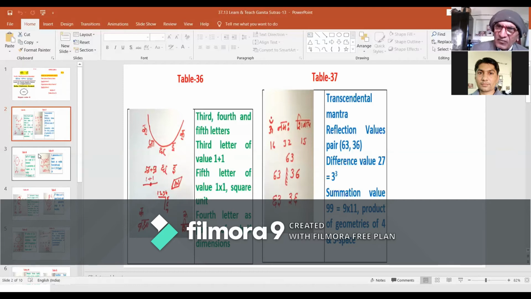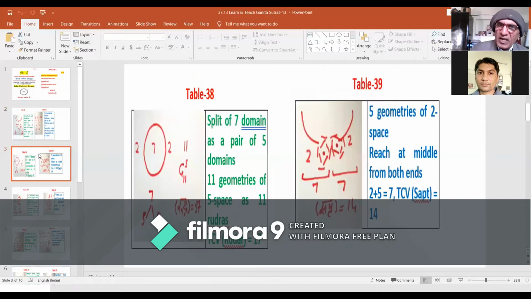Therefore, while we have a progression as transition from the fourth letter to the fifth letter, we are going to be face to face with this reflection. Table 38 is bringing us face to face with the split of the 7 domain.